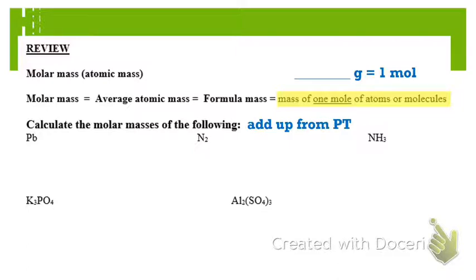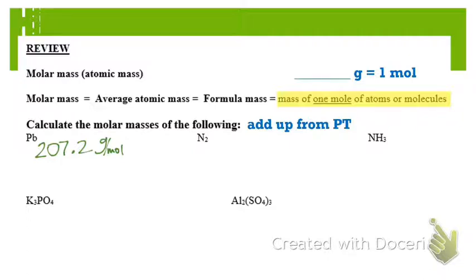So we're going to practice finding these real quick. We just find it on the periodic table if it's something simple like Pb. So if I find Pb on the periodic table, that tells me that it's 207.2. That's the molar mass. I just need to add the units. When the number is by itself, if I just ask you what's the molar mass of this, it needs grams per mole on it.